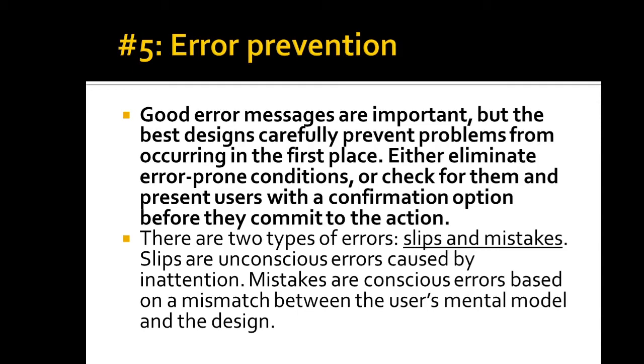Either eliminate error-prone conditions or check for them and present users with confirmation options before they commit to the actions. There are 2 types of errors: slips and mistakes. Slips are unconscious errors caused by inattention. Mistakes are conscious errors based on a mismatch between the user's mental model and the design. So these are the differences.